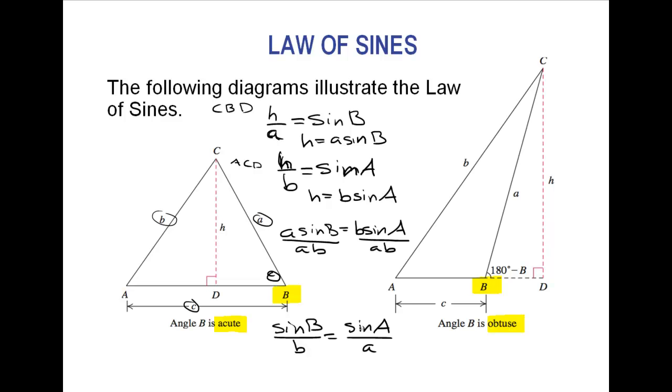Right here we've just proven that B and A work, but we could very easily drop a red line from A over in the other direction.